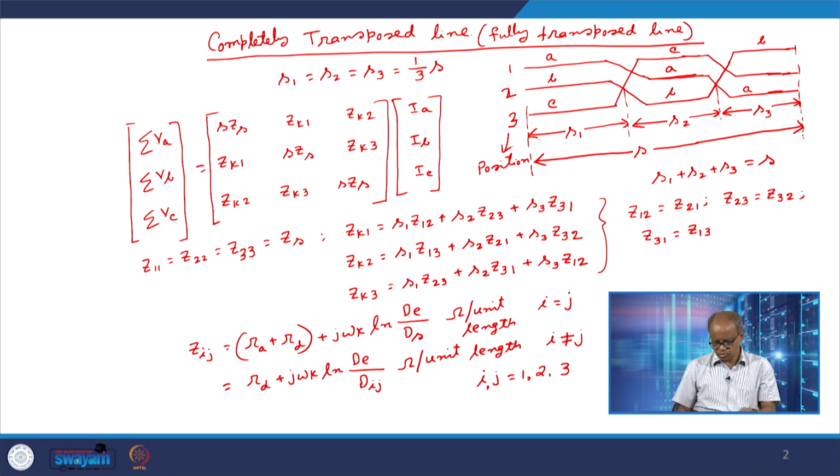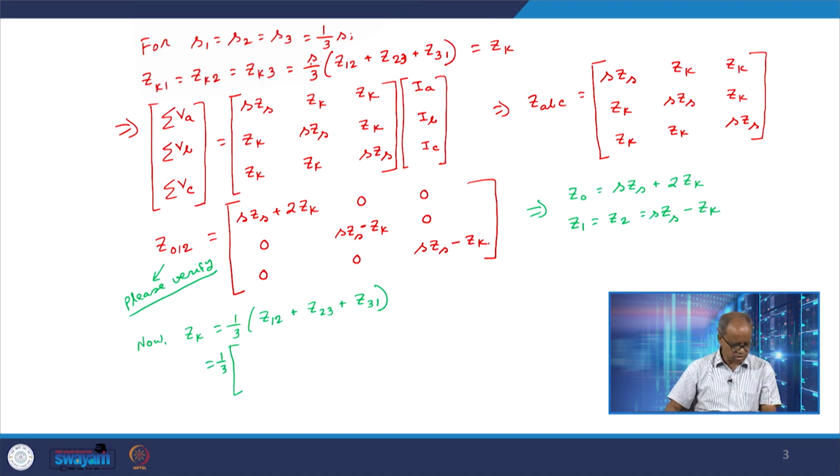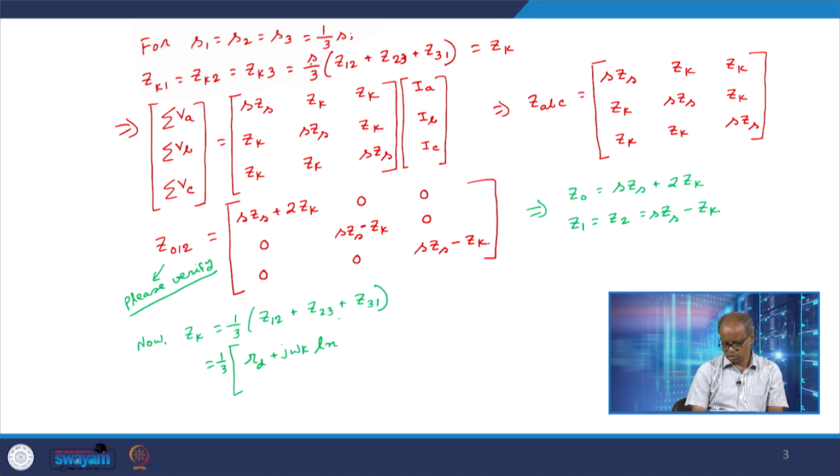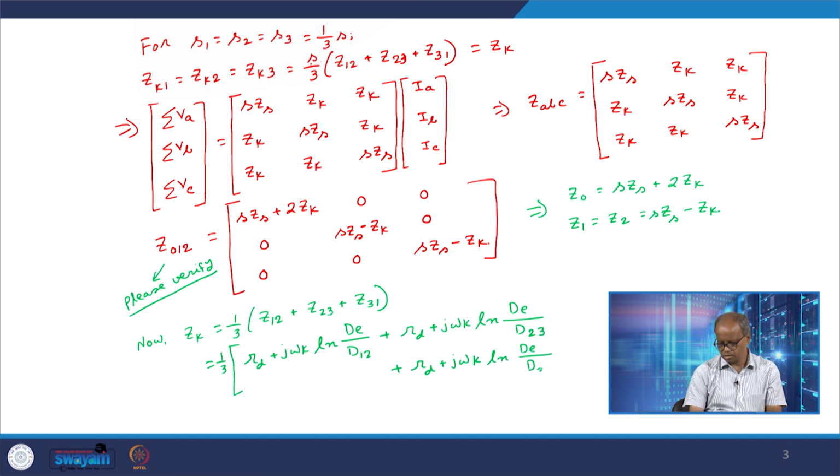Z12 is Rd plus j omega k log dE by d12. Then Z23 is Rd plus j omega k log dE by d23, and Z31 is Rd plus j omega k log dE by d31.